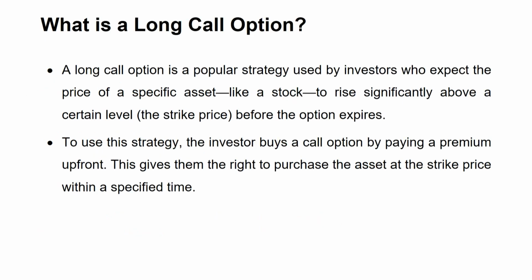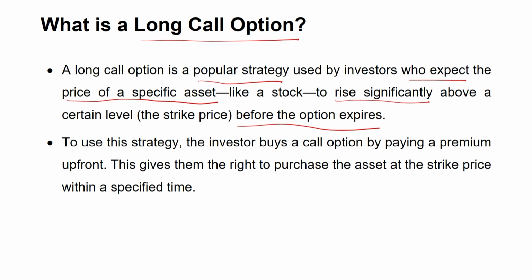Now, let us understand the different positions related with the call option. The first position is the long call option. A long call option is a popular strategy used by investors who expect that the prices of a specific asset such as commodities, stocks or currency may rise significantly above a certain level before the expiration date of the option contract.